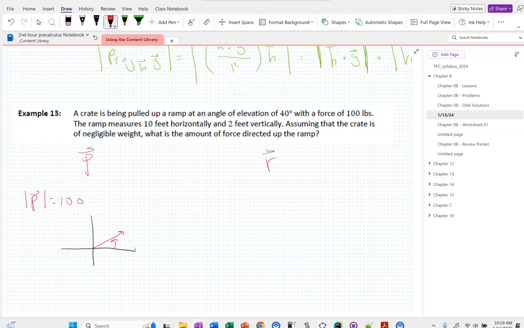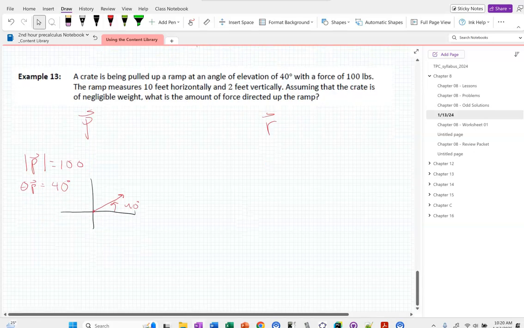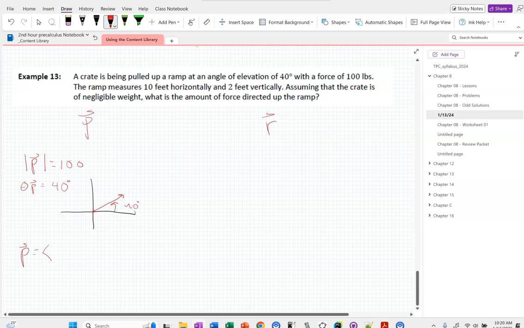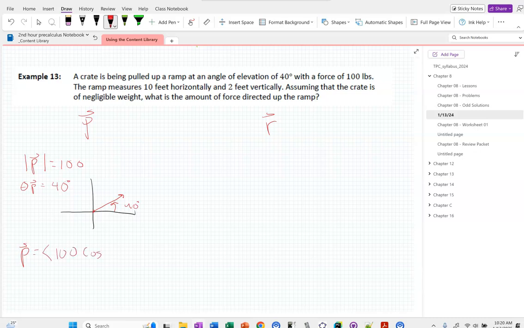Everybody okay with that idea? So the direction there is just 40 degrees, as opposed to sliding down where it had to be in the fourth quadrant in the previous problem, because we were sliding down the hill. So my vector P is going to be 100 times cosine 40, comma, sine 40.